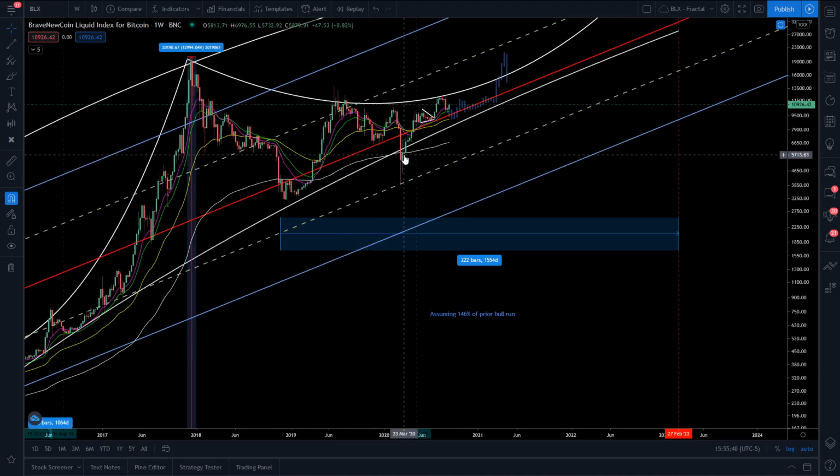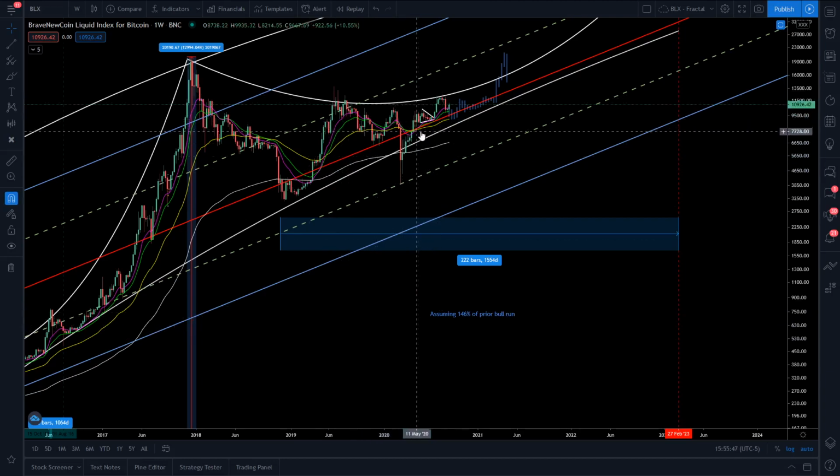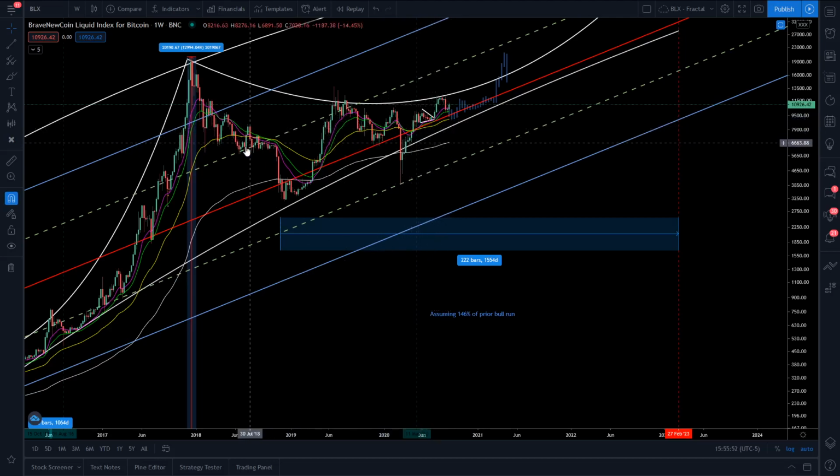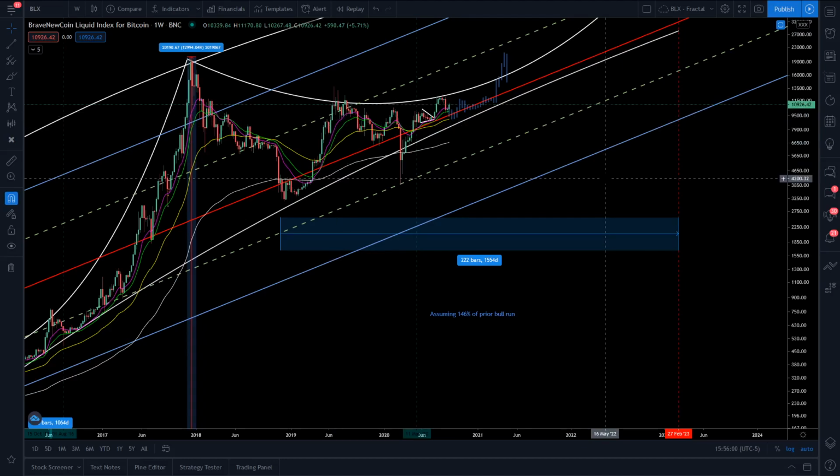We've held the 200 weekly moving average. We're above the 55 EMA. We're above this support. We're above, where is it? This area of support. Actually, it'd probably be easier if I go back to that chart.